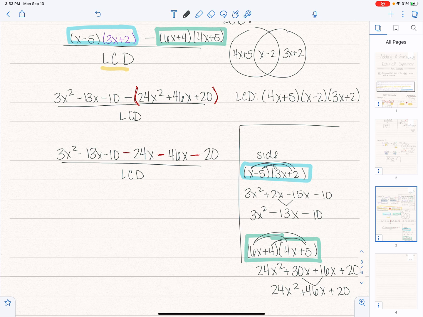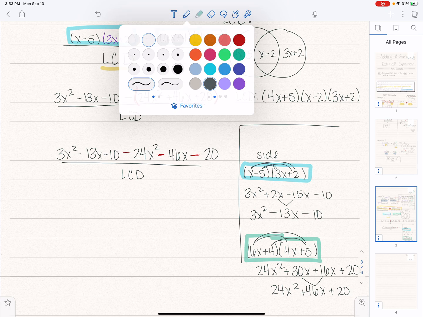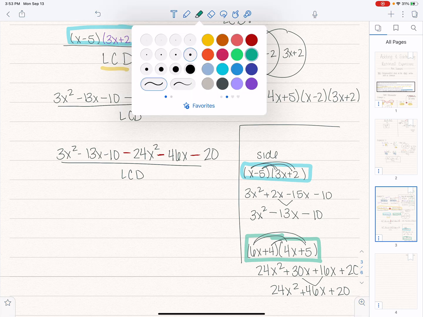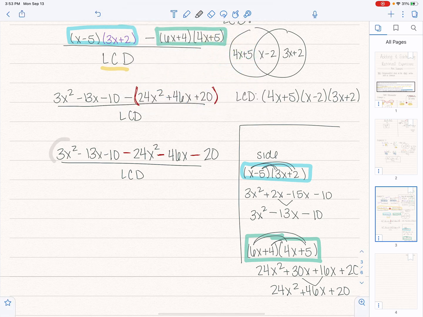All right, so now we're actually going to combine up like terms. So I've got my x squareds I can combine. I'll do those in circles. Maybe that'll make it easier to see. 3x squared minus 24x squared. So positive 3x squared minus 24x squared is going to give me negative 21x squared.